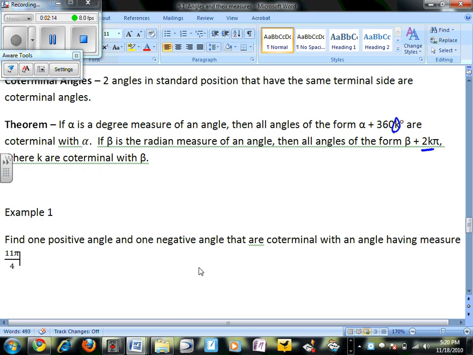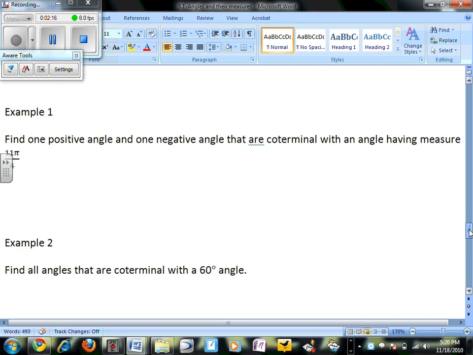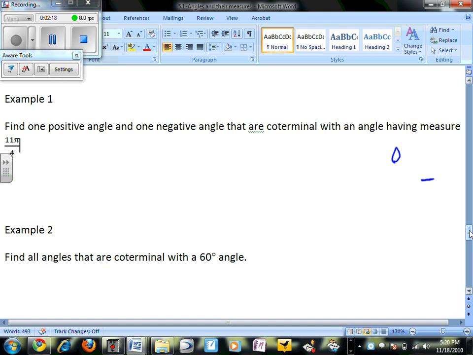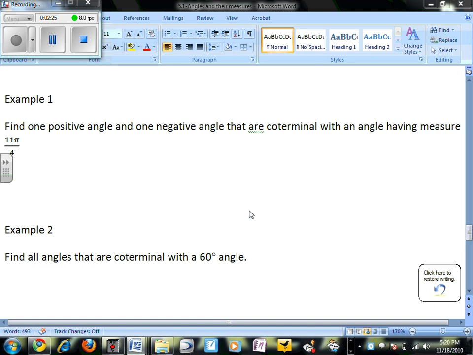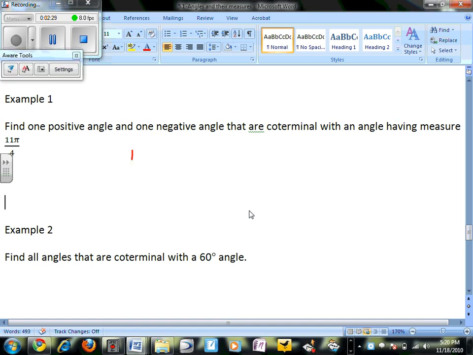So here's an example right here. Here we're dealing with radians. Find one positive angle and one negative angle that are coterminal with an angle having the measure of 11 pi over 4. Well, we know if we go 11 pi over 4, we can go in a complete circle, and that's going to be a coterminal angle as well.